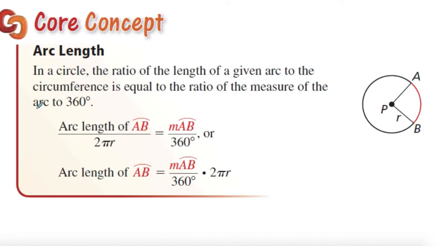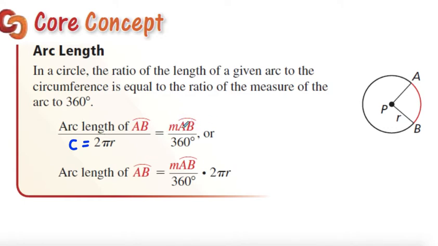Okay, and then we can also find arc length. So in a circle, the ratio of the length of a given arc to the circumference is equal to the ratio of the measure of the arc to 360. So the arc length, whatever length this is in red, over 2 pi r, which again, that's just my circumference, is equal to the measure of my arc over 360 degrees.